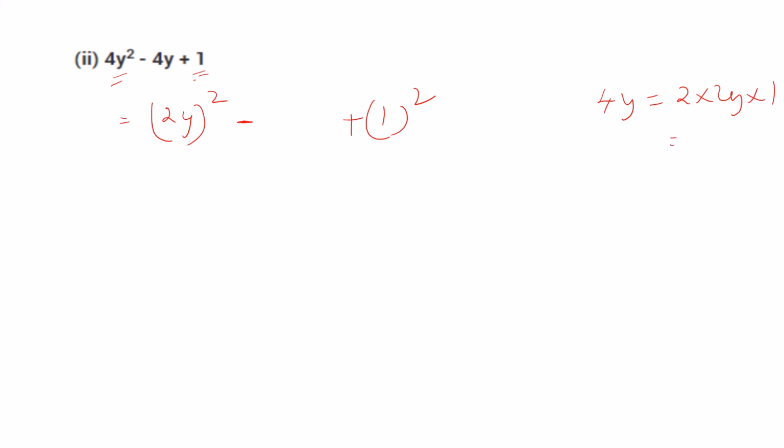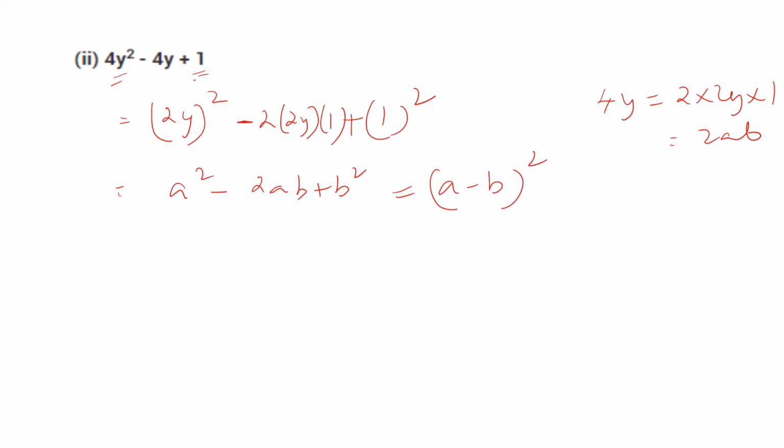So this is like 2ab. And that is like a square minus 2ab plus b square. And we know that a square minus 2ab plus b square is (a minus b) the whole square. So we can write this expression as (2y minus 1) the whole square.